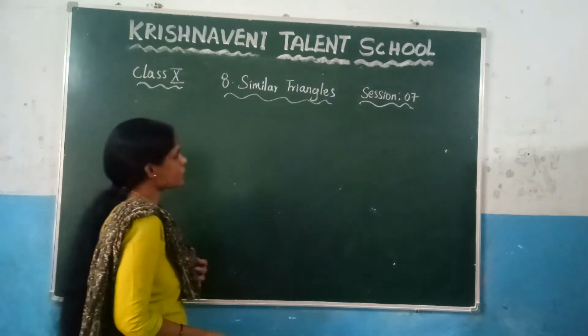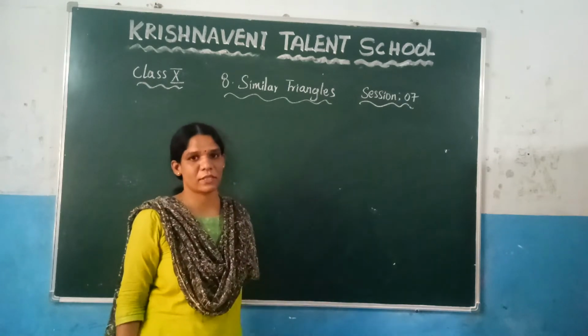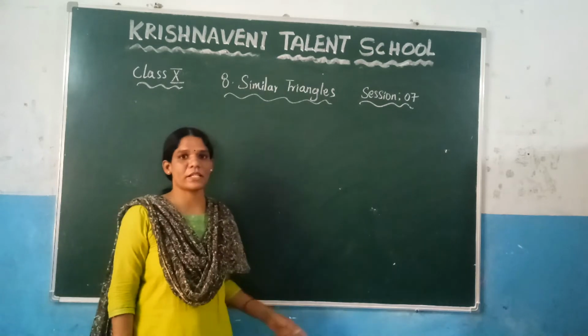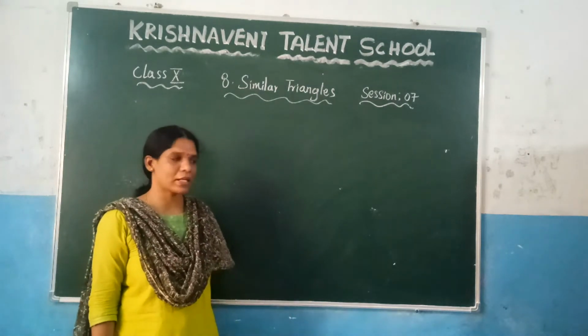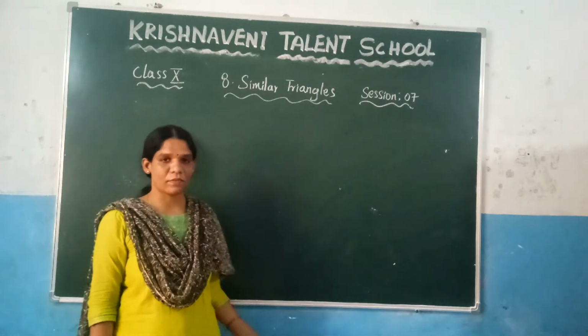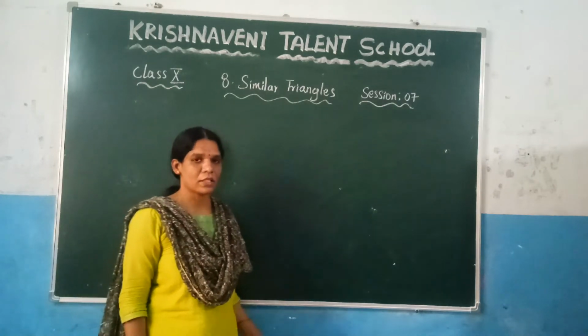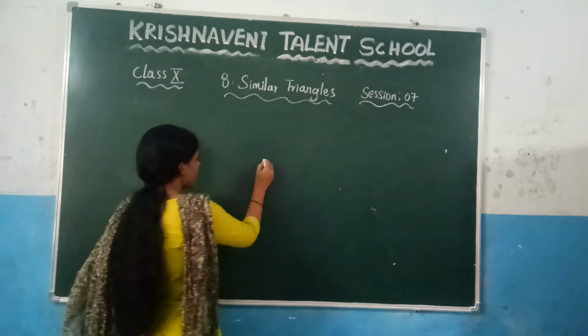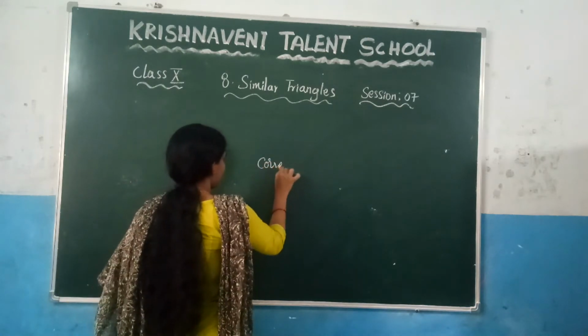Before going to the next exercise, we need to prove some theorems. Before proving this theorem, let us know what is meant by similarity. When do we say two triangles are similar? There are two conditions to satisfy. The first one is that the corresponding angles are equal.